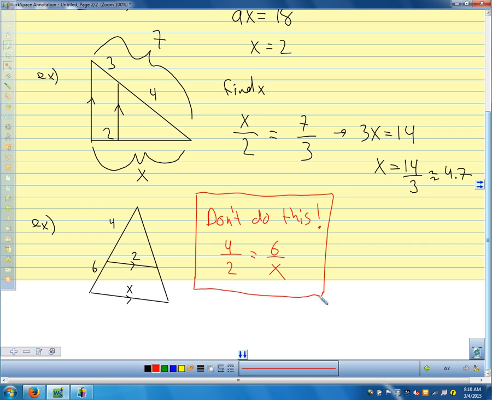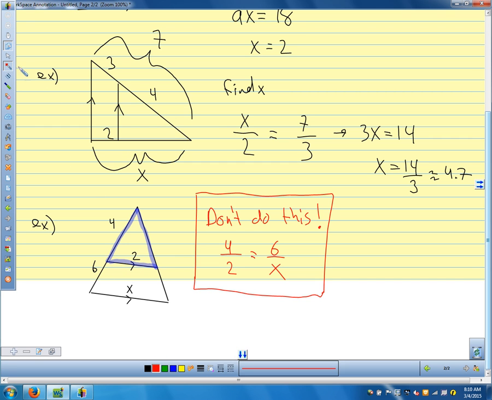Can anybody see what the problem here is? Why we can't do that? If 2 is smaller than what x would be? It has to do with the 2 and the x and how they're related. So let me use a highlighter. When I compare the 4 and the 2, I'm comparing two sides of that triangle.